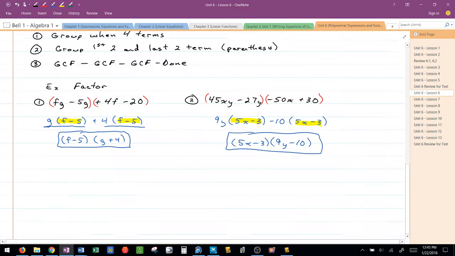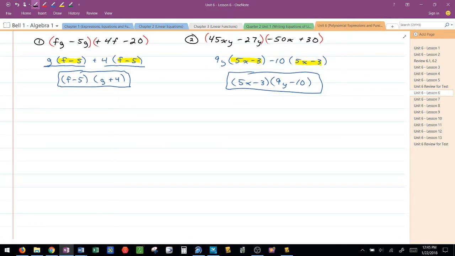Okay? I want to do 2 more examples with you guys, just so you've got some extra examples here. Hopefully you've been following along. 21xy minus 3x minus 35y plus 5. All right, group. Got to make sure you're writing things clearly. GCF, 3x.